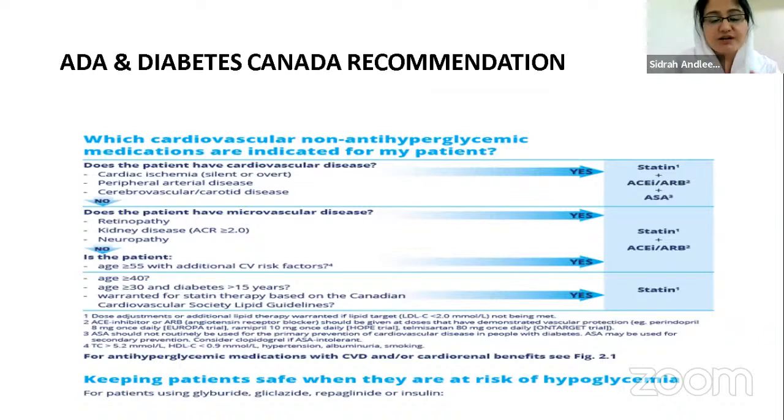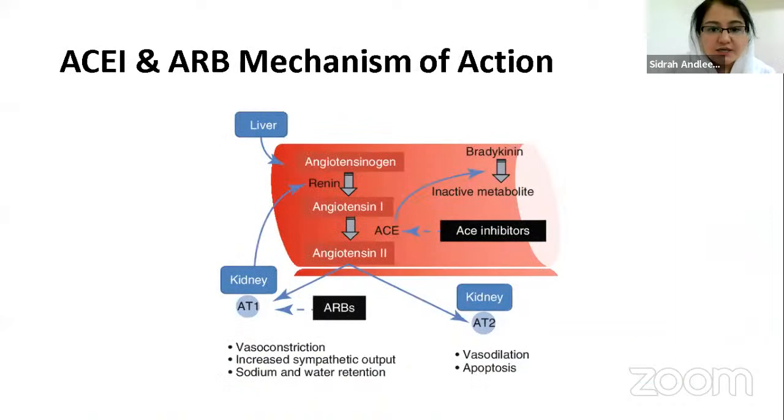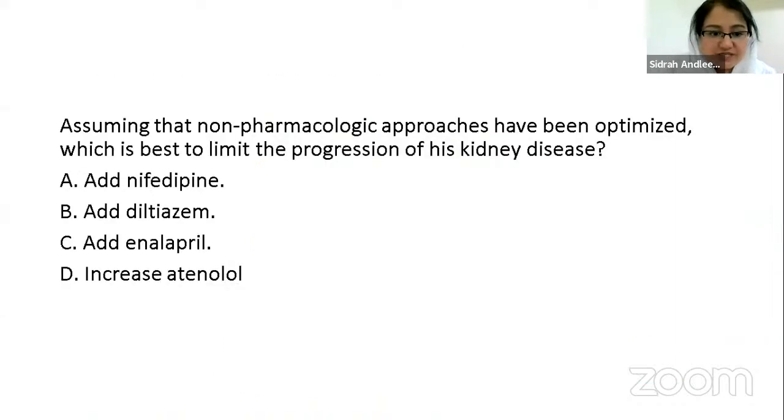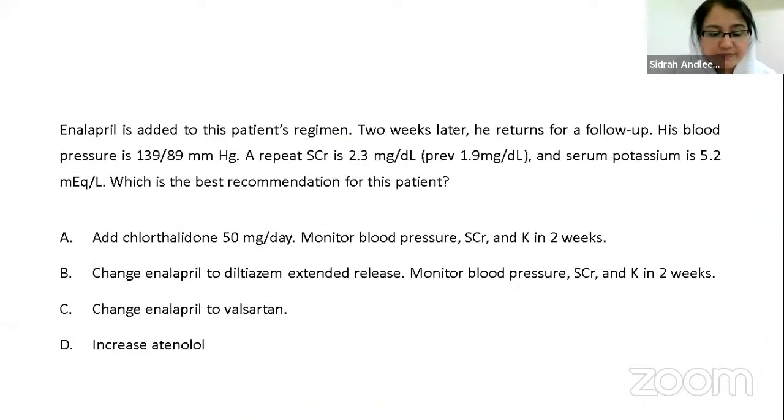So any patient with diabetes more than 55, add an ACE or an ARB. A patient with diabetes more than 40 years of age, add a statin as a general rule of thumb. You can go into the details in this document here on the slide. And we discussed the mechanism of ACE and ARB. So yeah, enalapril is okay.